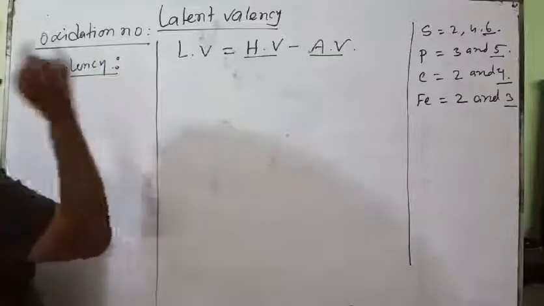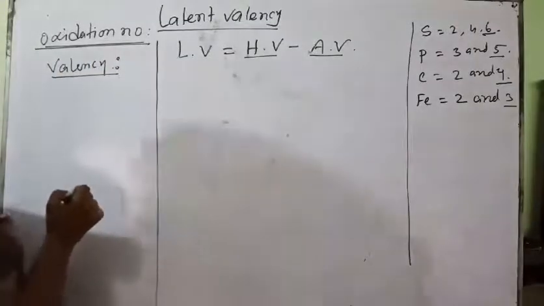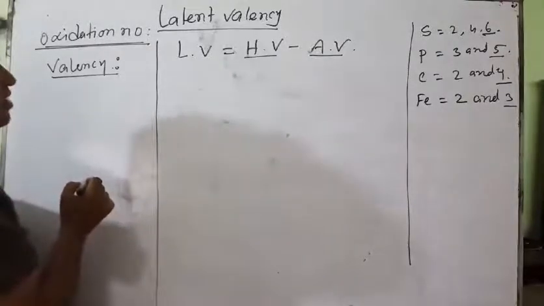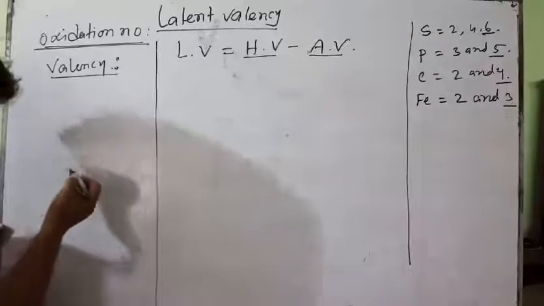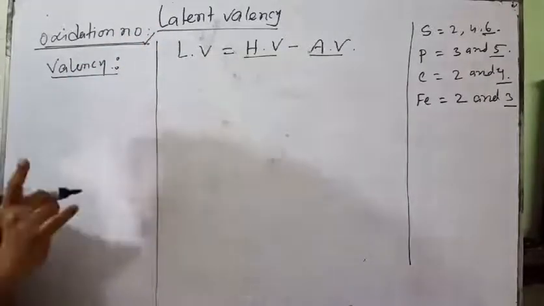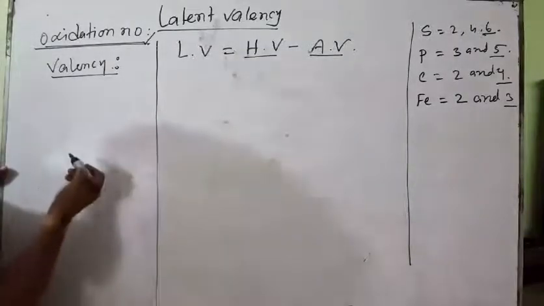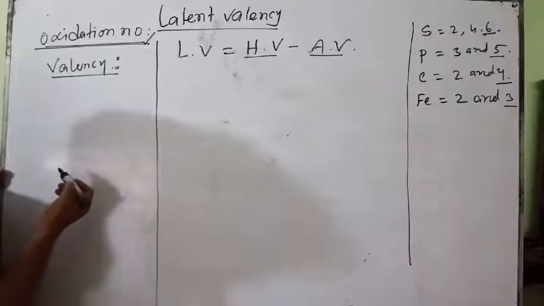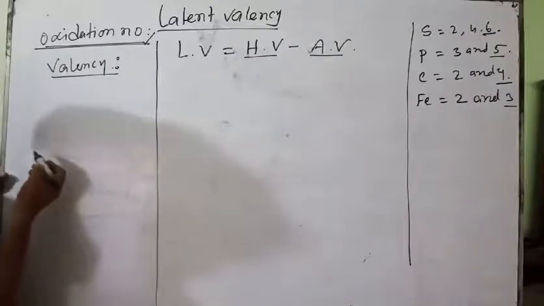Valency is only a number, but oxidation number is the charge number of an atom or element in a compound. So to find the valency, at first we have to find the oxidation number of an element present in a compound. To calculate the oxidation number, we have to know some standard oxidation numbers of elements.